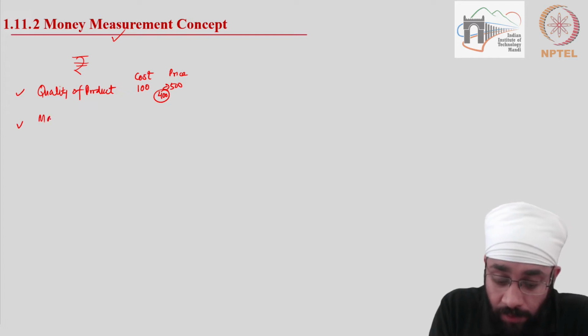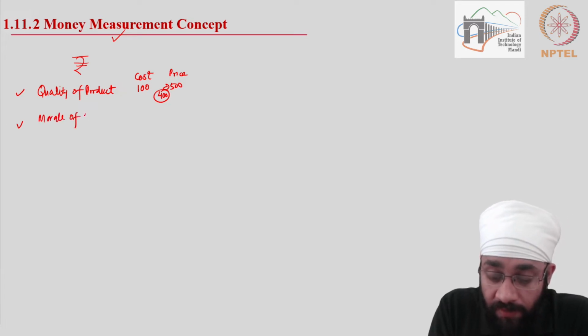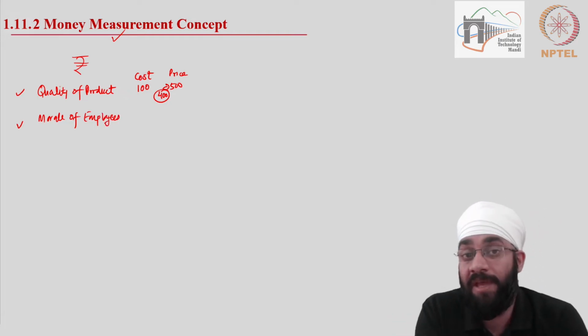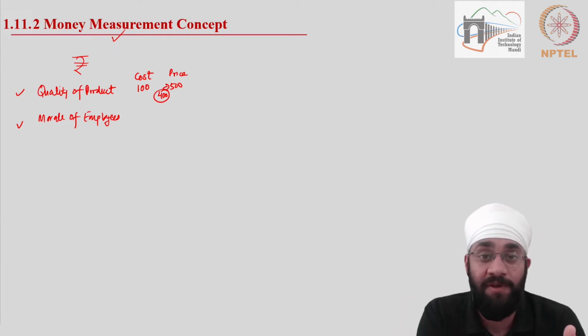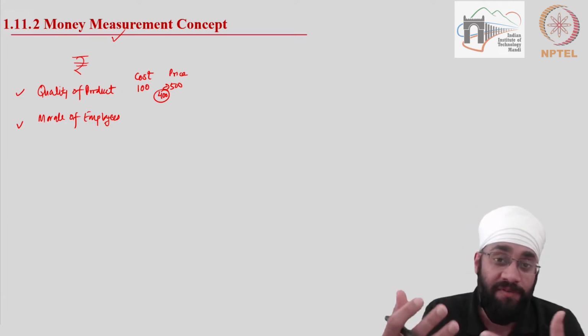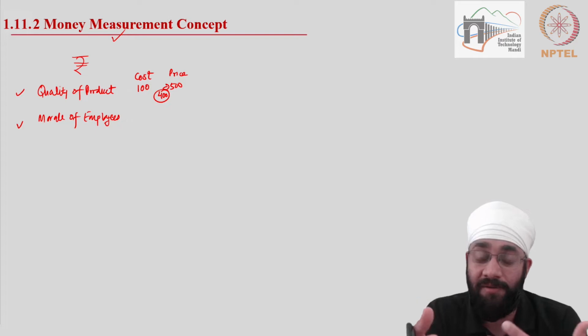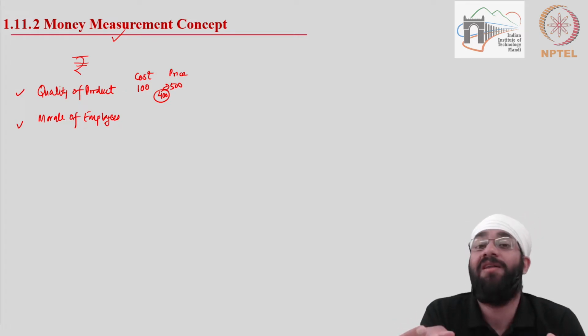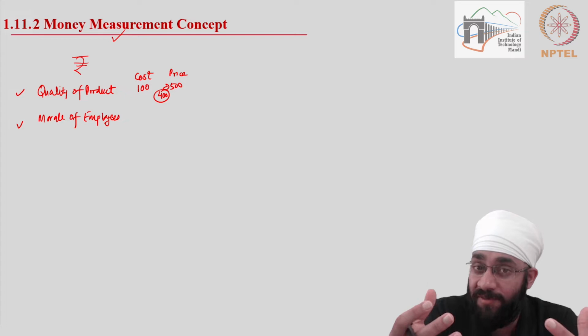Similarly, you can talk about morale of employees. If the employees are not motivated, they'll not be productive, they'll not be efficient, they'll not contribute positively to the business. That is going to affect the internal functioning of the organization and also the output which the organization delivers. However, can you express the morale of the employees in terms of money?